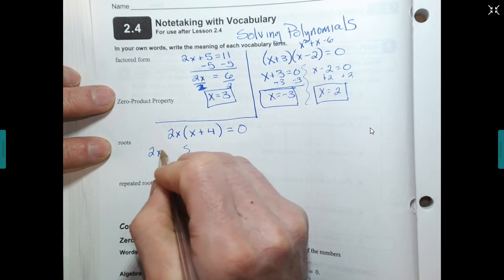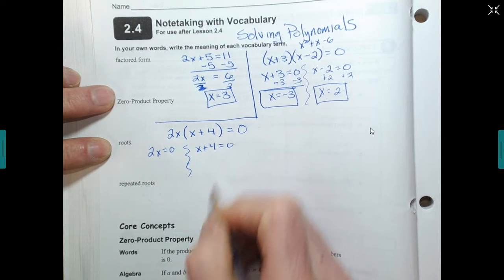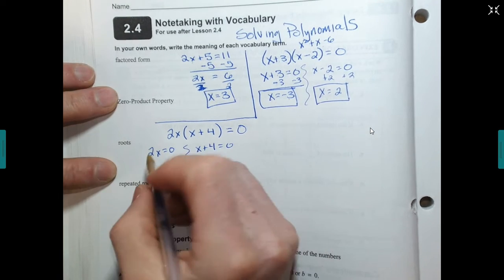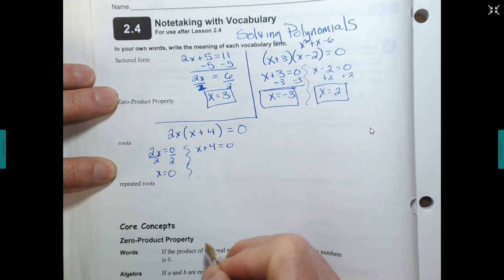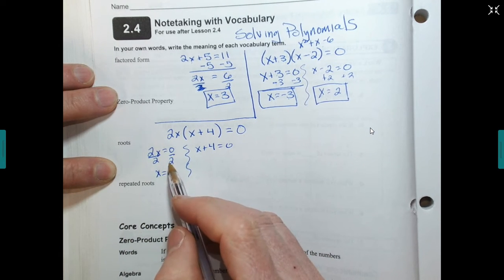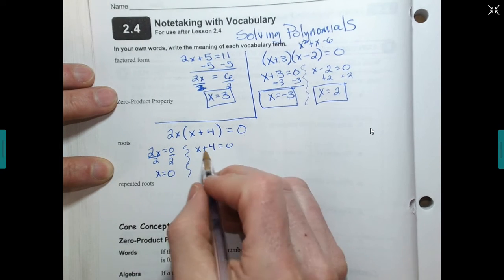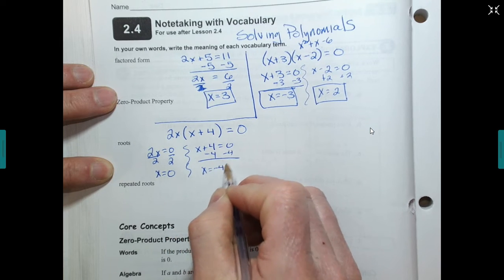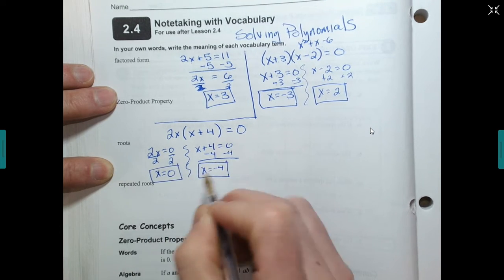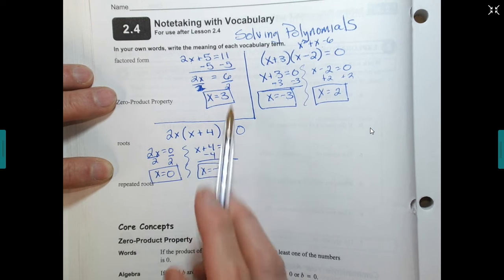So I have 2x equals 0, and I have x plus 4 equals 0. So divide by 2, x equals 0. Because 0 divided by 2, anything would be 0. And then here I have minus 4, x equals negative 4. So my two answers are 0 and negative 4.